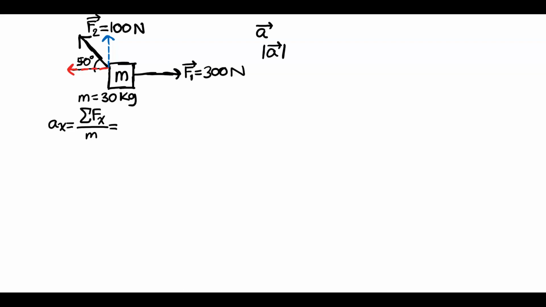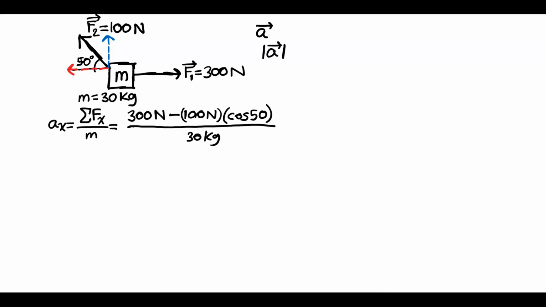So we have 300 newtons minus, because it's pointing to the left, 100 newtons times the cosine of 50, all over 30 kilograms. So we have 300 minus 100 cosine of 50.